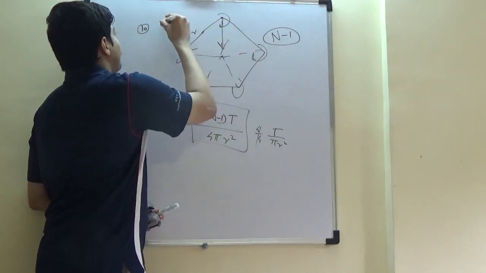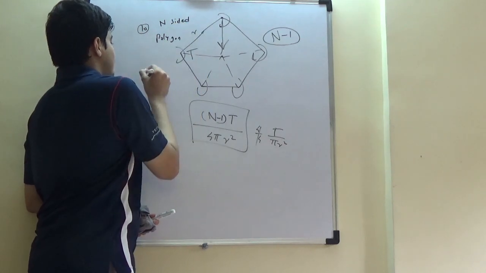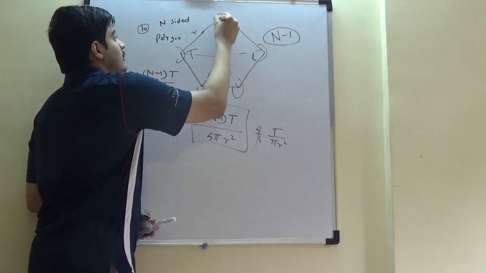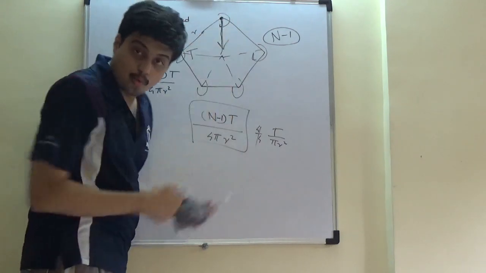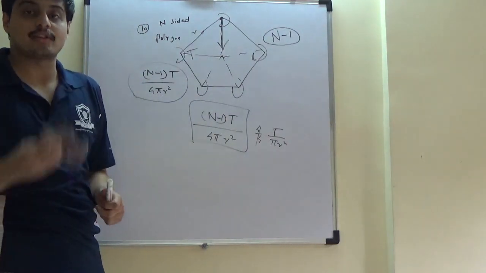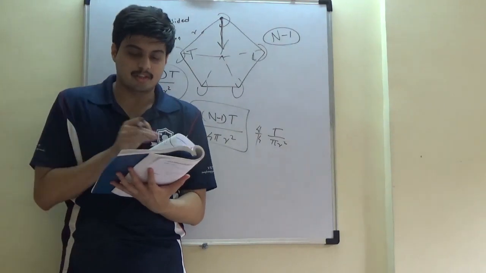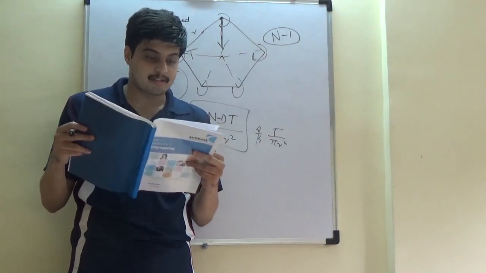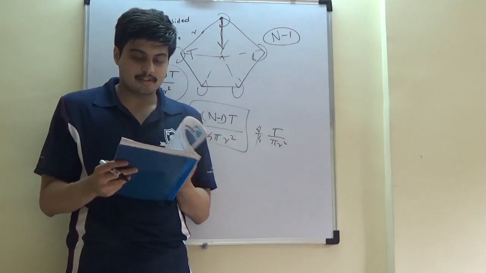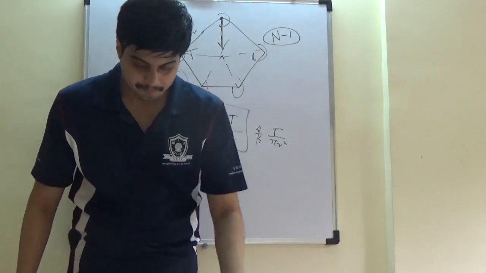That n-sided polygon has n minus 1 tau by 4 pi r square as induced velocity towards the center because of the remaining edges. And I think this is the most important involved question that should have summarized all your questions.